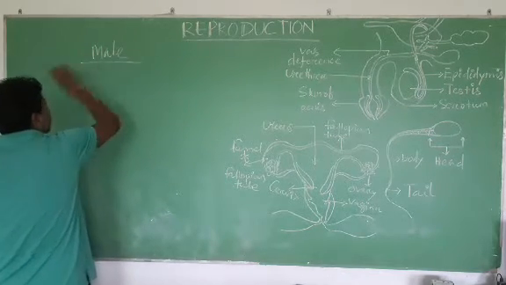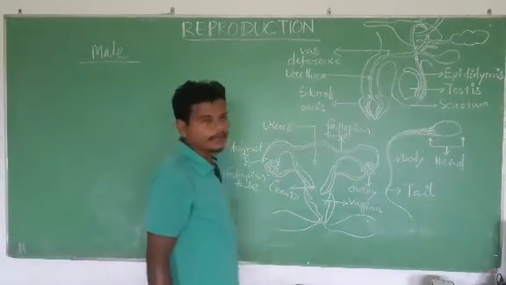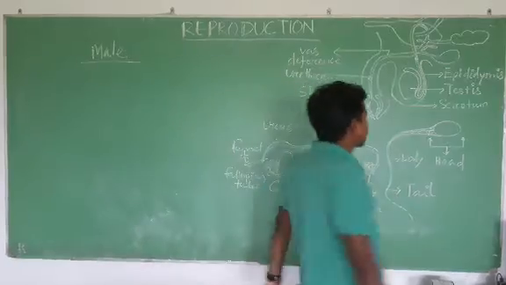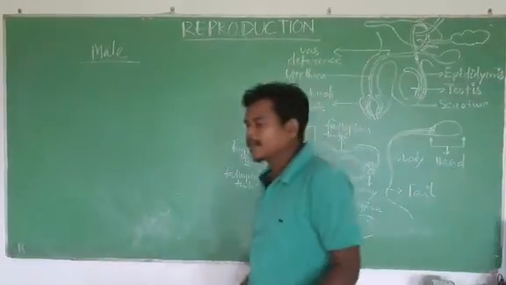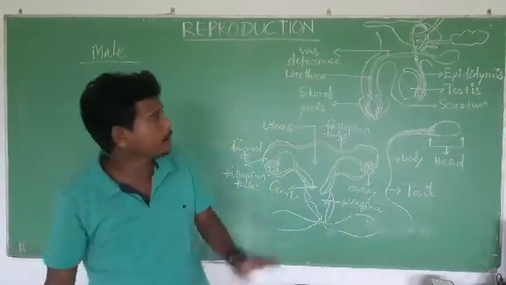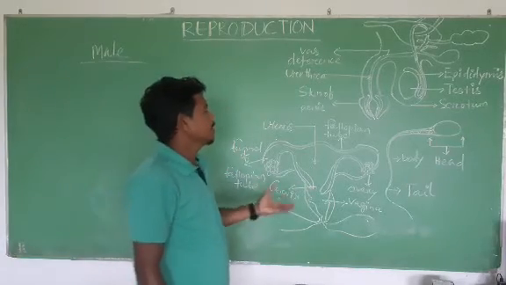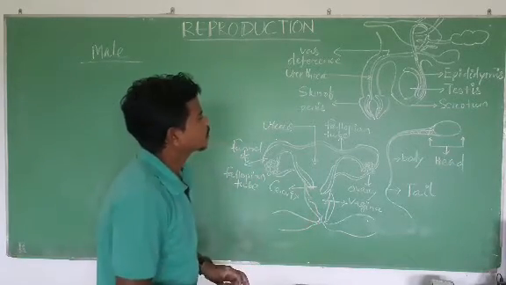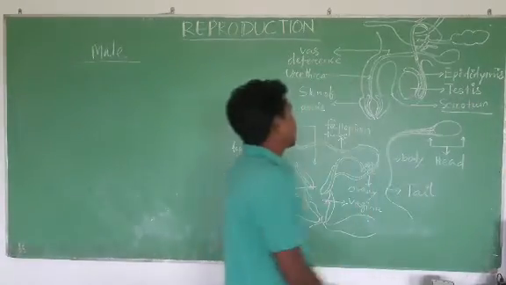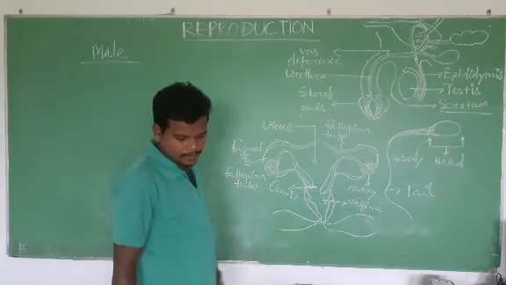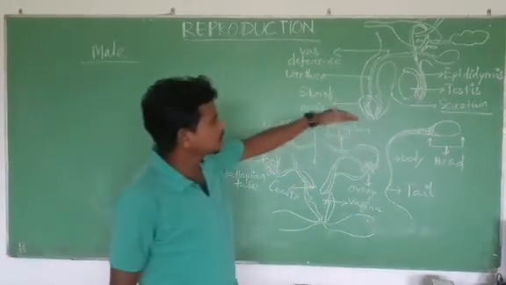The male reproductive system is made up of a pair of testes. It is located outside of the abdominal cavity of a male. The testis is contained in a sac-like structure called the scrotal sac, or scrotum.